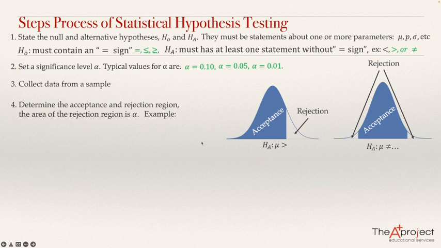So depending on the alternative hypothesis, you can decide if the region is to the right, if you see the greater than, or is separated in two parts, or maybe is to the left of the distribution, a left tail test, for example, if the sign in the alternative hypothesis is less than.